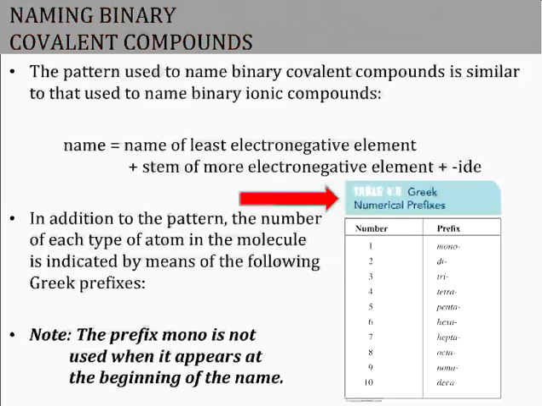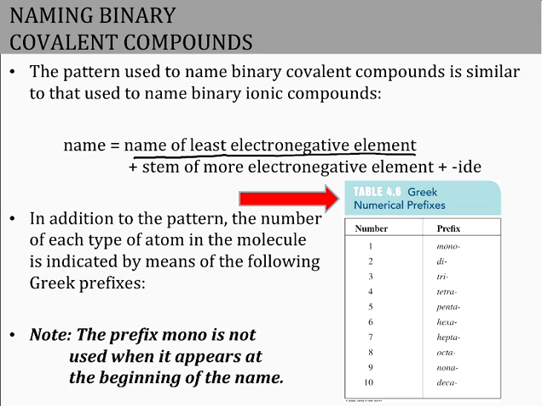Now, how do we name these covalent compounds? This is pretty similar to how we name binary ionic compounds. So we start by naming the least electronegative atom or element. And I don't believe we've talked about electronegativity yet, but elements have different attractions to electrons.